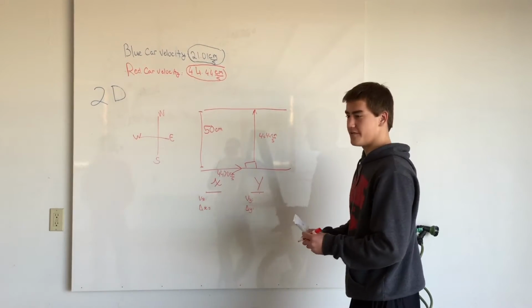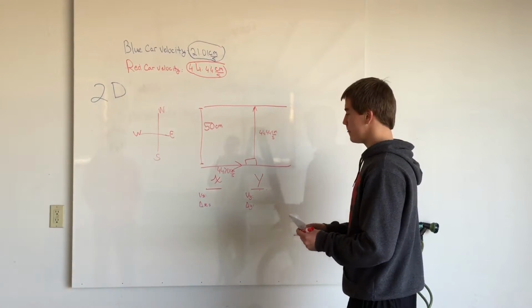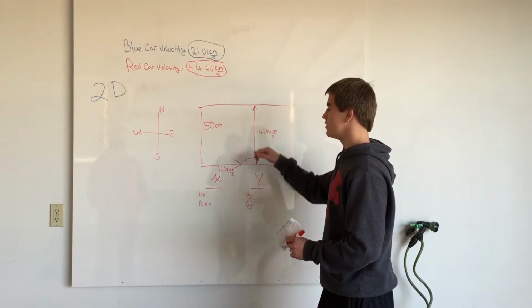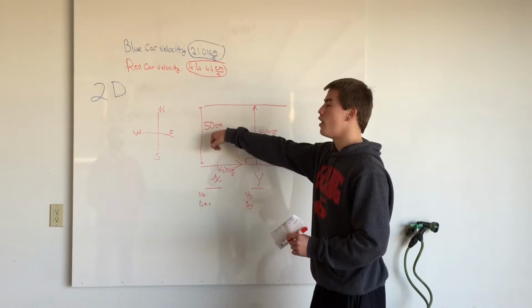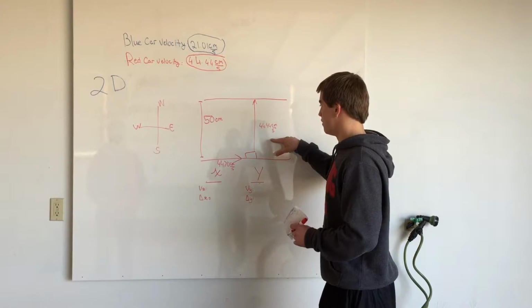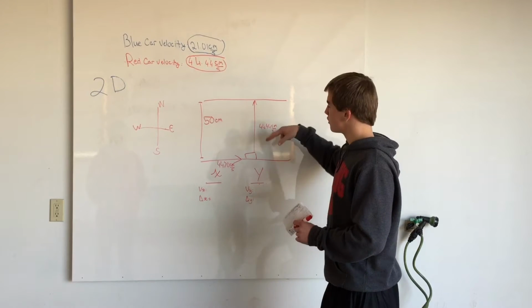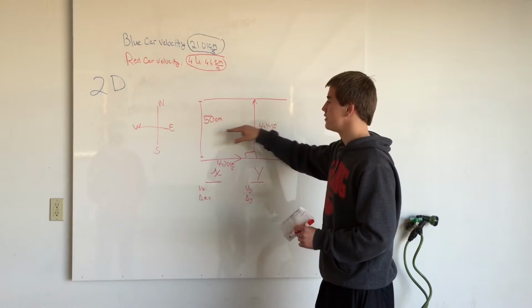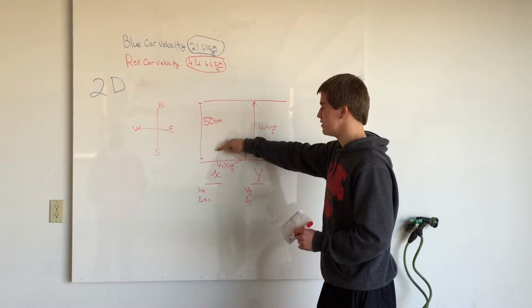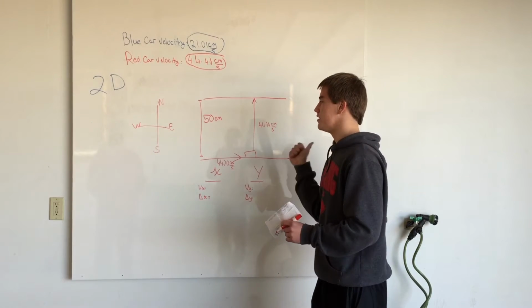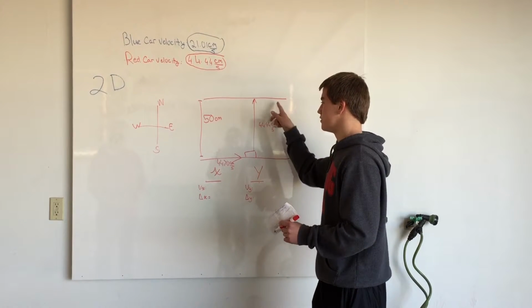Alright, so today we're going to find the delta x of a car going across a treadmill. We have our delta y, which is 50 centimeters, the width of the treadmill. We have our velocity of y, which is the car going across the treadmill, 44.44 centimeters per second. And our velocity of x is 44.70 centimeters a second going east, and our velocity of y was going north.